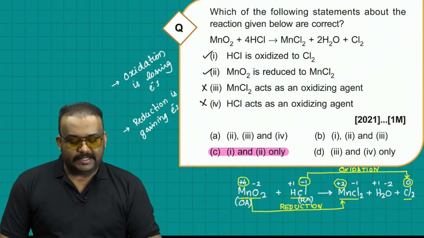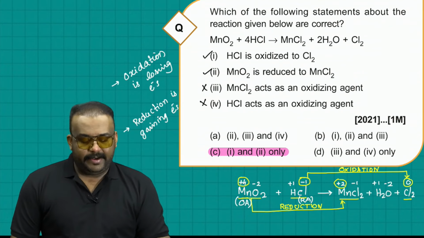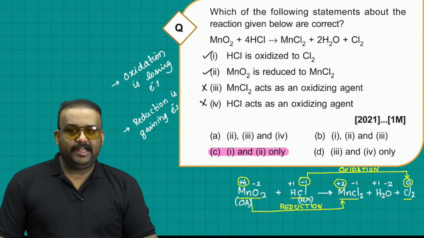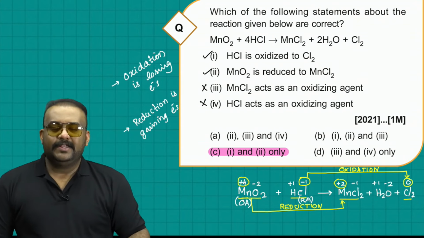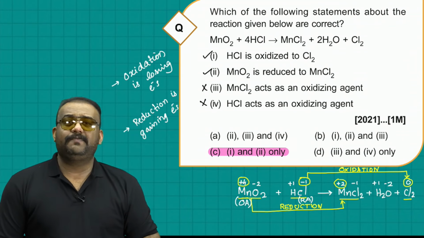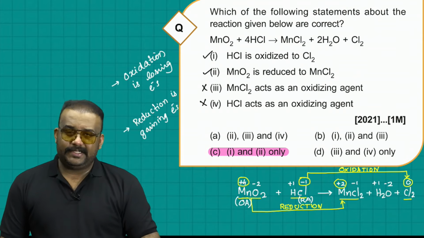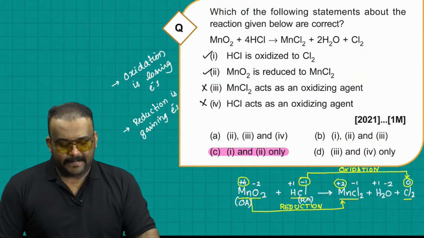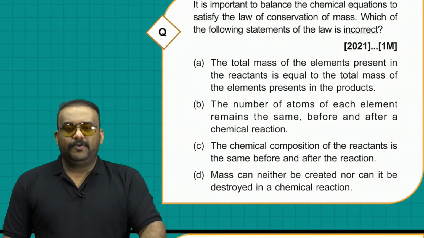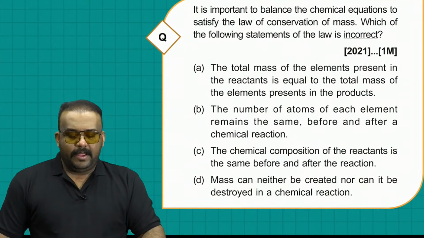The answer for our question is option C, which is 1 and 2. HCl is acting as a reducing agent here. It's not an oxidizing agent. So I believe this question is clear to everyone. And remember that this is one of the most frequently asked questions in boards. Let's move on to the next question.